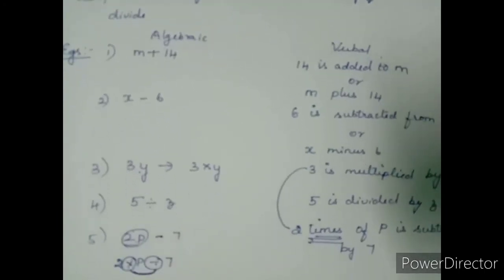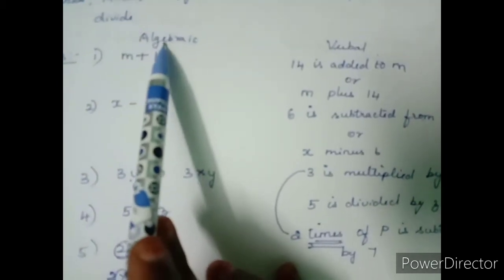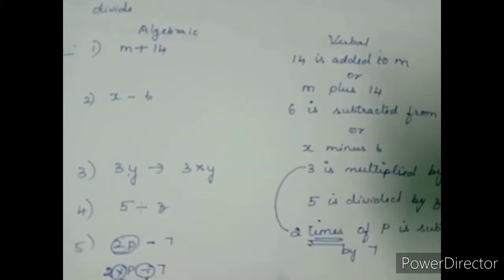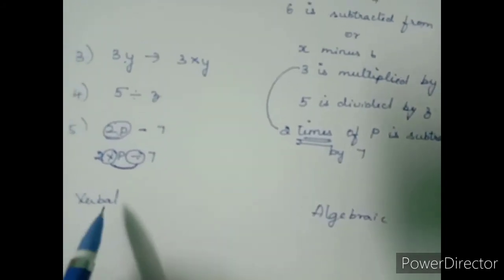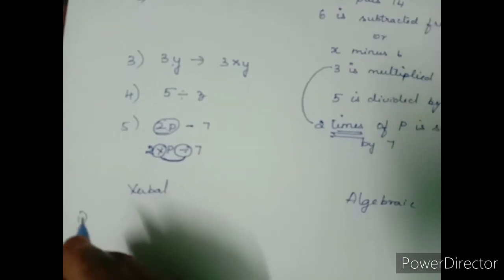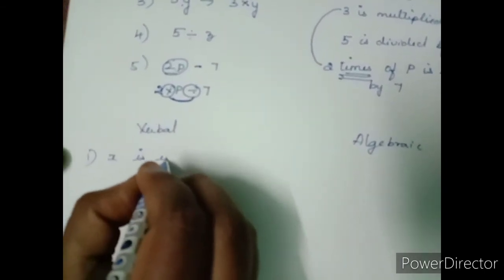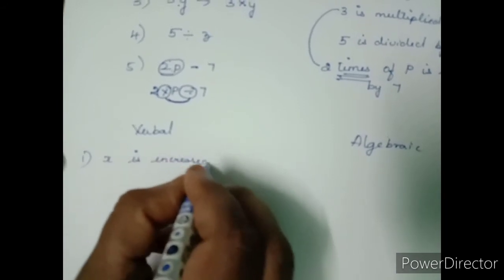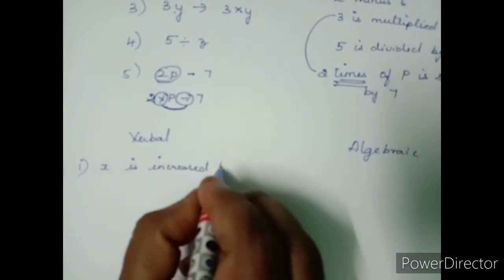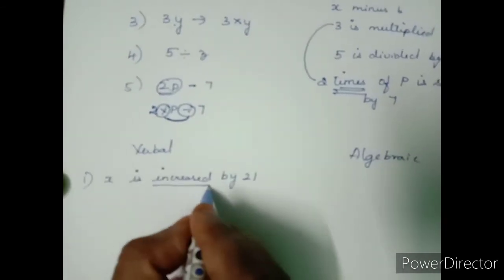Next we'll go with the vice versa of this. Okay, we saw converting algebraic expression into verbal. Now we'll go with converting verbal into algebraic. Some examples we'll see here. See, x is increased by 21. What is meant by increased?